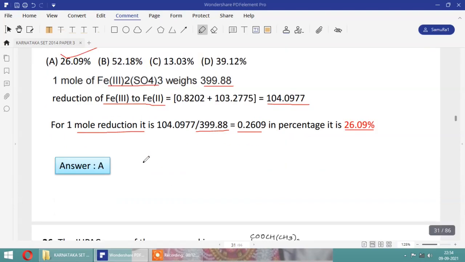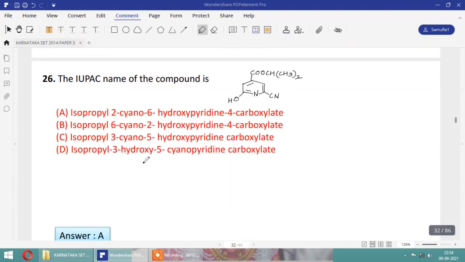Next question. The IUPAC name of the compound is. Now you take this compound. It's isopropyl. Isopropyl moiety is attached to pyridine moiety. Isopropyl is attached to pyridine.